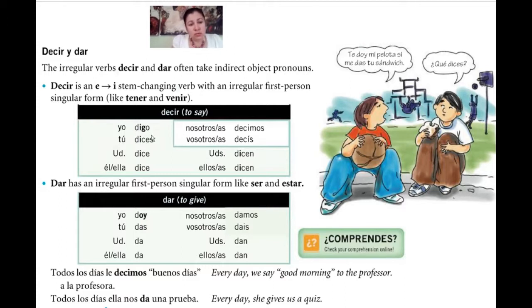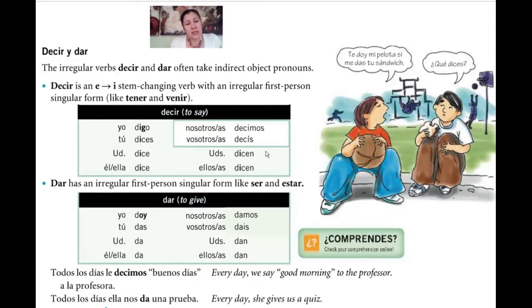So the conjugation of decir is yo digo, tú dices, él dice, ella dice, nosotros decimos, vosotros decís, ustedes dicen, and ellos y ellas dicen, ¿sí? So we see that the stem changing verb is from E to I, and it has an irregular yo form, the same irregular form that you saw in tener and venir: yo tengo, yo vengo, and this one is yo digo.